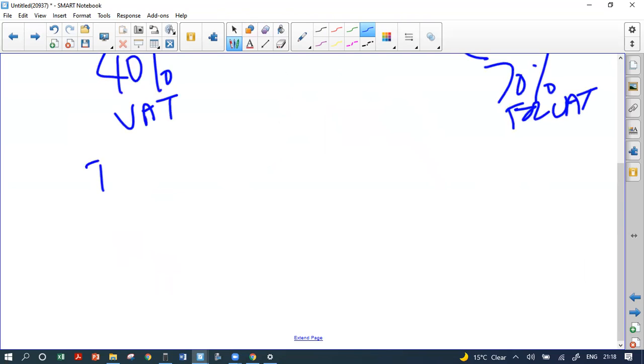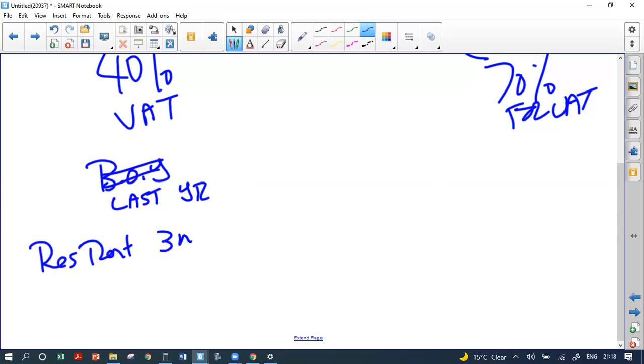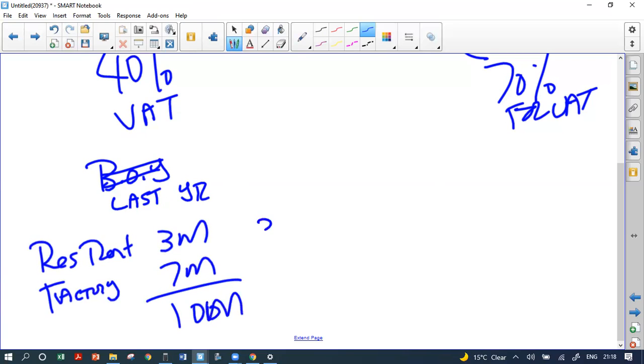So beginning of the year, guys, what happens is, or actually, let's rather do it as last year. Last year, residential rent, 3 million, and factory sales, 7 million. So 10 million, and it's 30% exempt, 70% VAT.